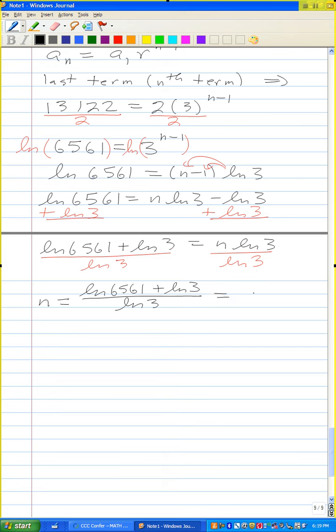You can plug that into your calculator and you get 9.